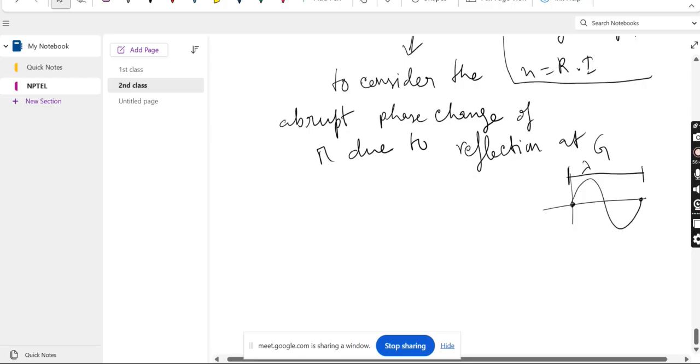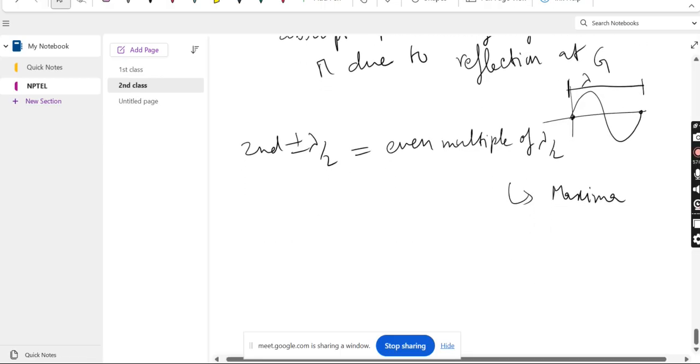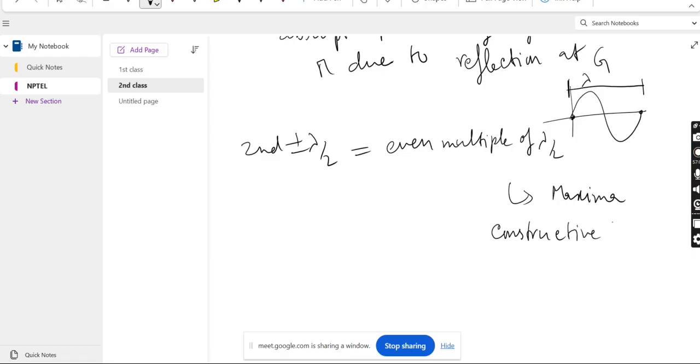So we know this is the path difference. That path difference has to be an even multiple of lambda by 2 for making a maximum, that is constructive interference.